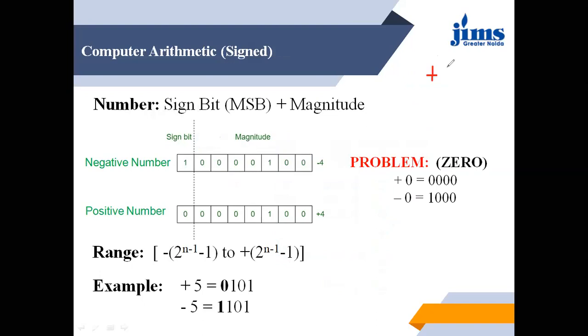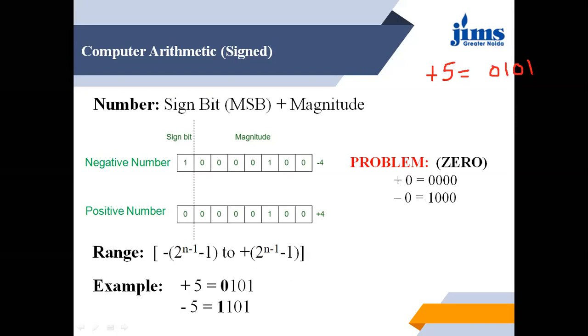Then I can represent this number in 4 digits, or this number is equivalent to 0, 1, 0, 1 in binary when I have a 4-bit number to represent plus 5.